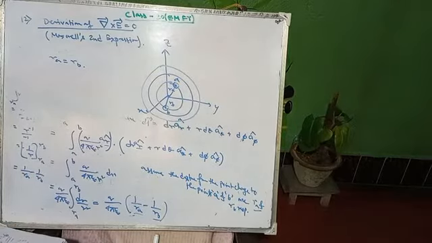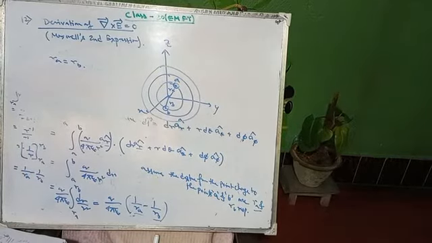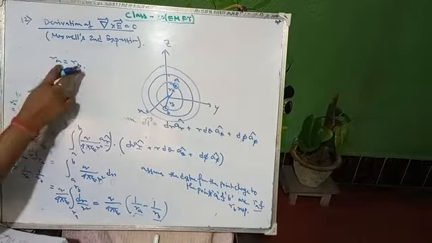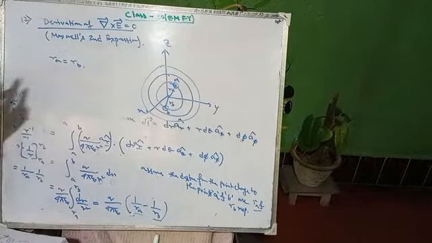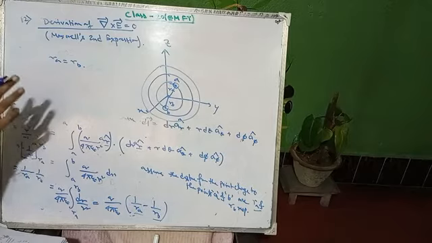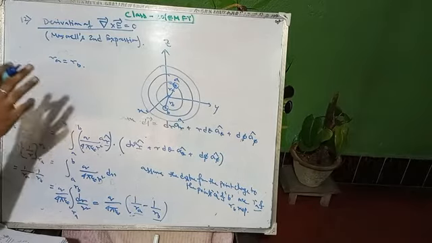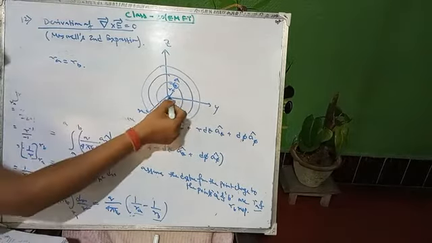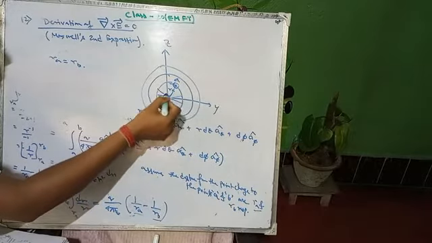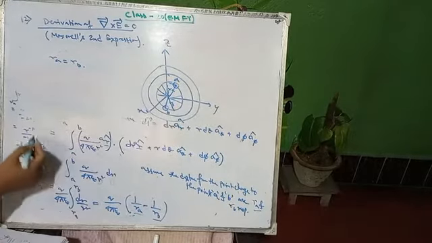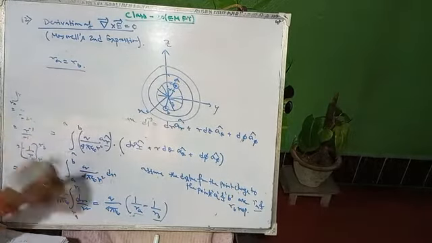If we consider 2 points on a unipotential surface, then RA equals RB, and we know the electrostatic field is unipotential from all points irrespective of the direction. So RA equals RB here.